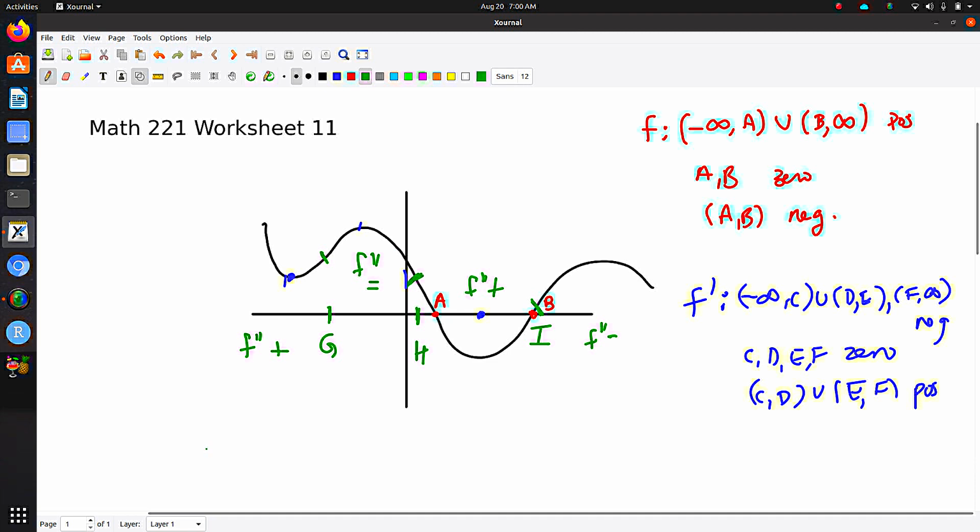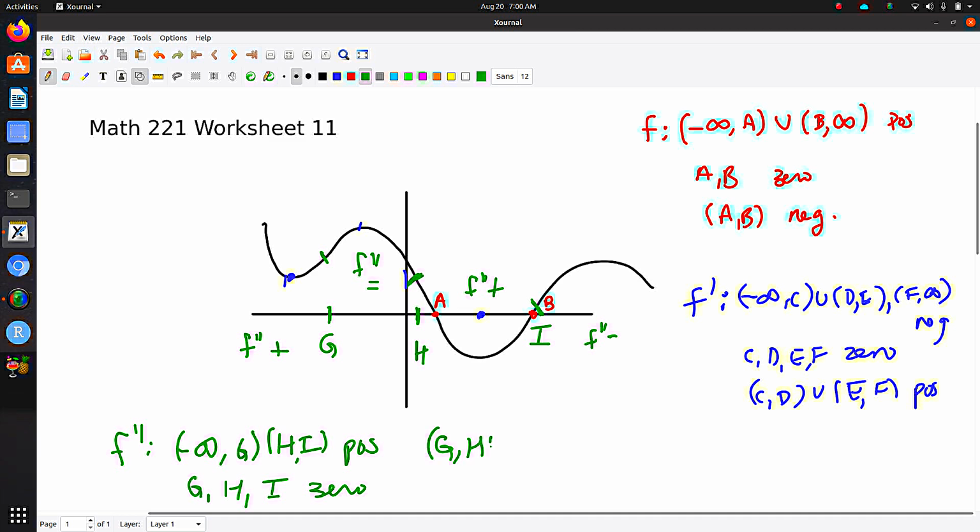Okay, so I would say F double prime from minus infinity to G, and then from H to I is positive, and on those points G, H, I it is 0, and F double prime is going to be negative from G to H, and from I to infinity it's negative. Okay, so spills water, holds water.